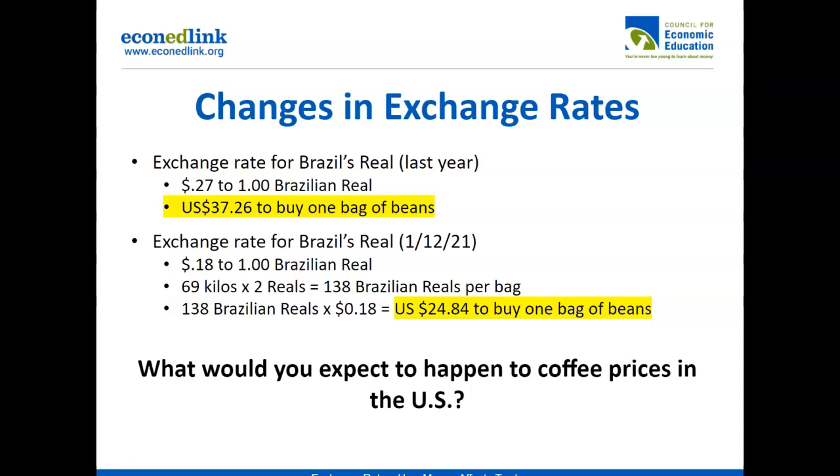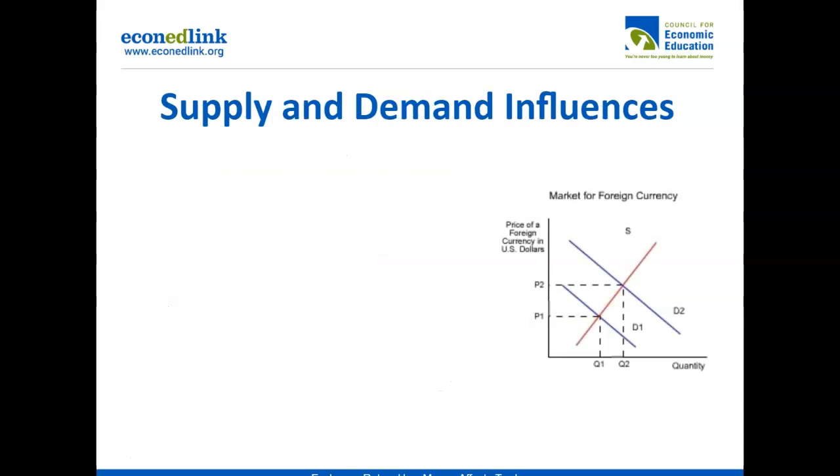This is an example of a shift in price, and we would expect the coffee price to go down if the US dollar is worth more in comparison to the Brazilian real, or the Brazilian real is worth less in this case to the American dollar. So as one goes up, the other goes down. As one goes down, the other goes up, and it's impossible for them both to go up or both to go down at the same time in relation to each other when you're talking about any two different currency exchanges.